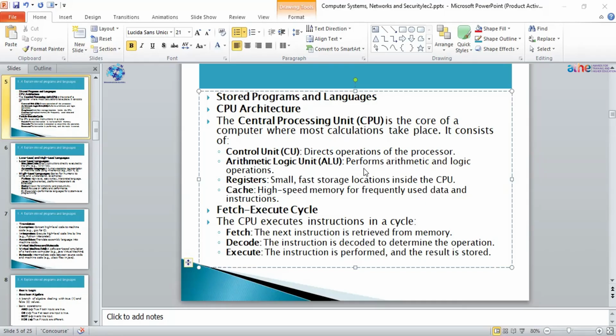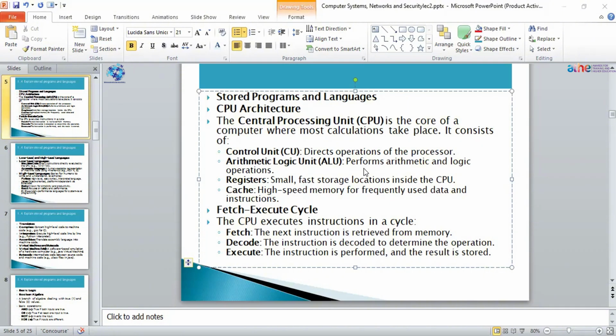That's why they are faster, because any data the CPU needs, the register can provide directly. Then we have caches. A cache is very high-speed memory. It is built outside the processor, but it provides high-speed memory that can be used for frequently used data and instructions.